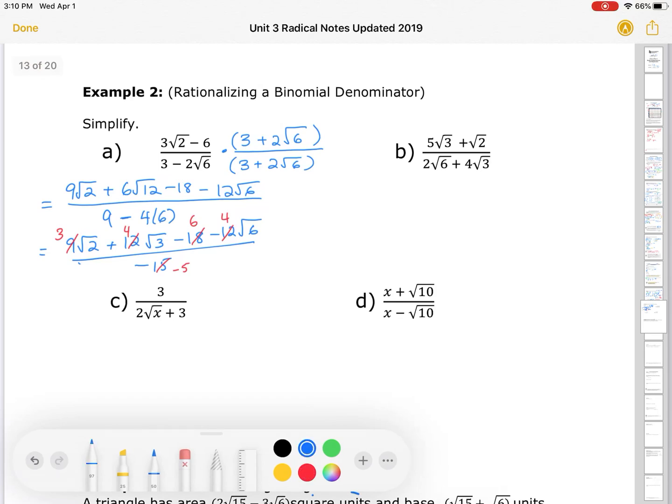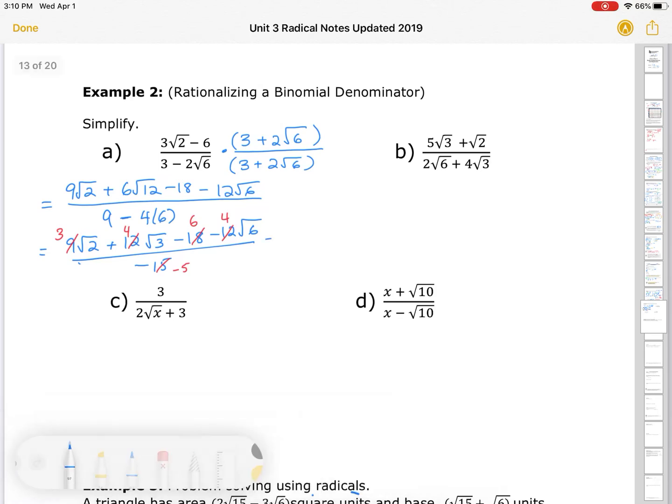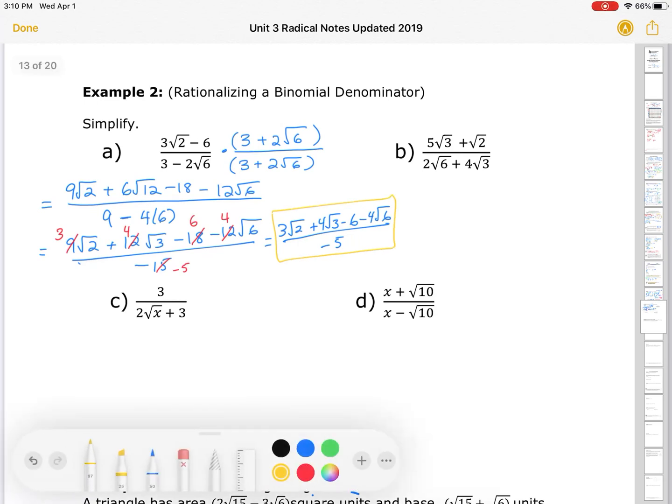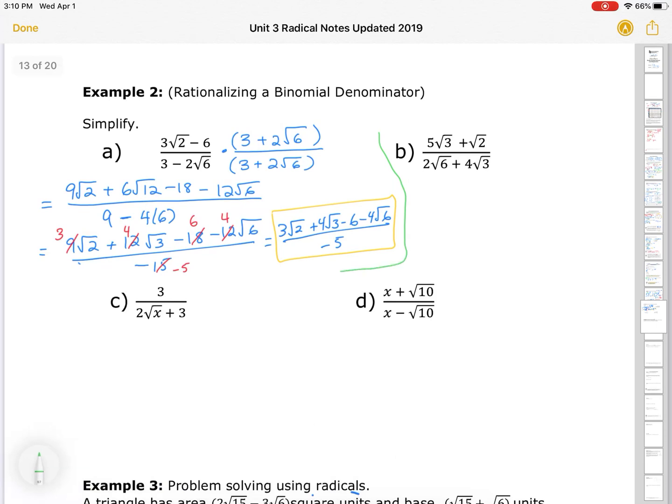And on the bottom, negative 15 divided by 3 is negative 5. So I've factored that out, and I'm going to be left with 3 root 2 plus 4 root 3 minus 6 minus 4 root 6 all over negative 5. It isn't pretty, but that's what it is.